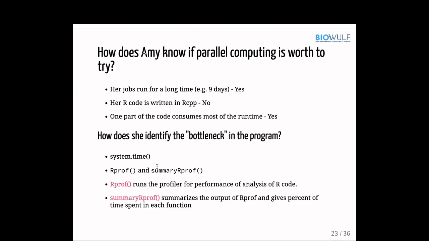Then there are other ways like Rprof, which will run a performance analysis of your code, and then summaryRprof will summarize the time percentage spent on each step. For these two functions, you can just click, and they are more complicated. Again, you have to estimate the time you're spending on it and the performance you want to improve.